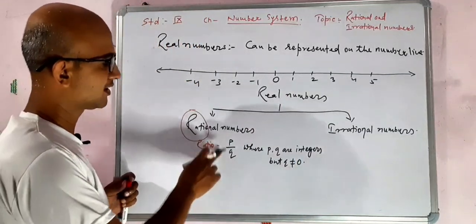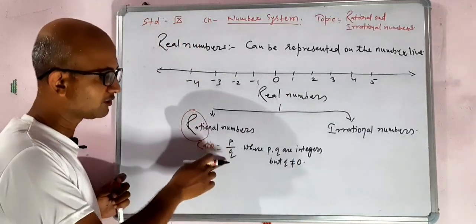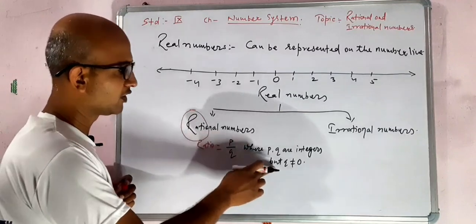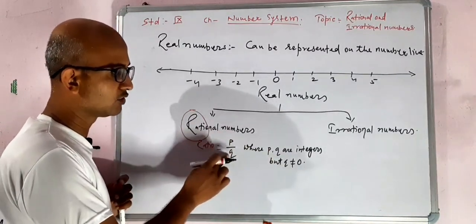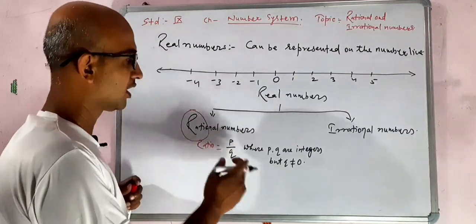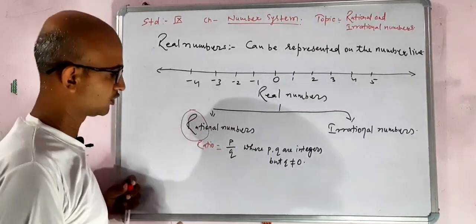So numbers that can be expressed in the form of p by q, where p and q should be integers, but q should not be 0, are called rational numbers.